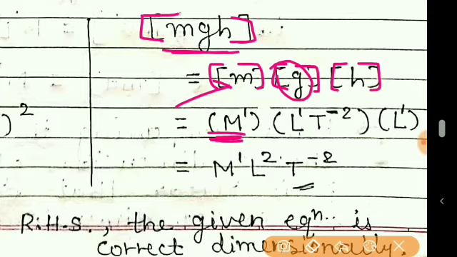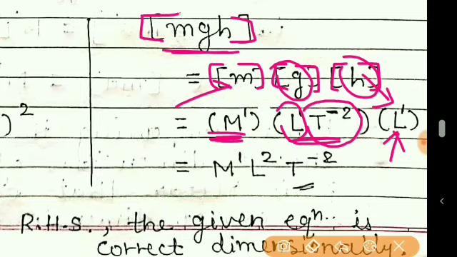It is acceleration, and acceleration has the dimension distance upon time square. So distance upon means inverse, so t raised to minus 2, and height is having dimension L, because the unit of height is meter and meter is taken as capital L. So in that way you can remember.